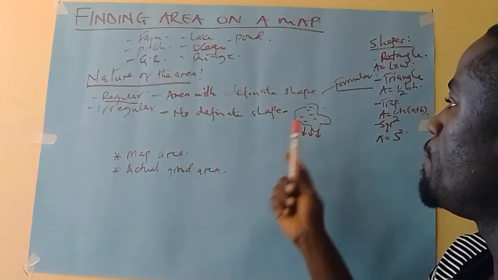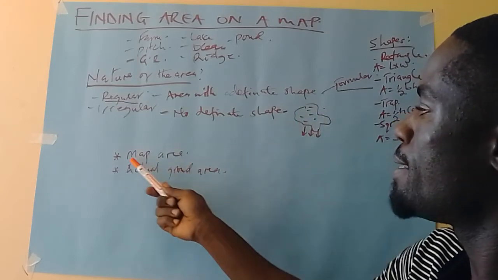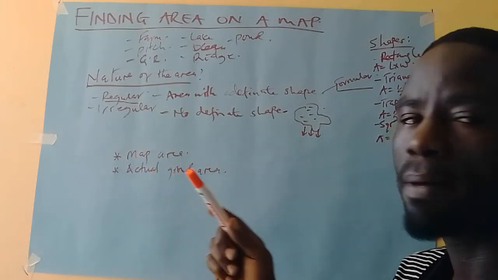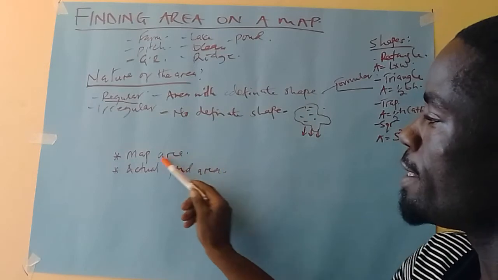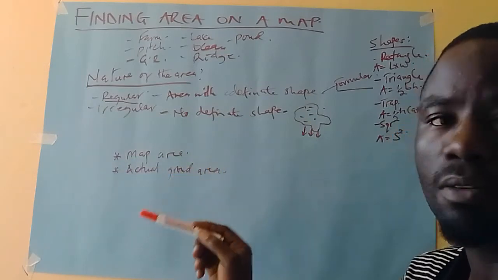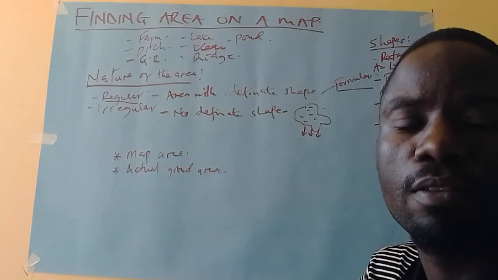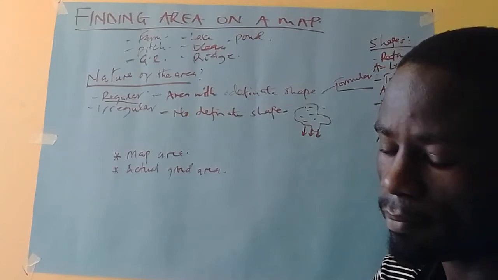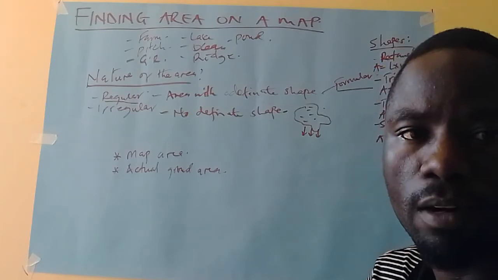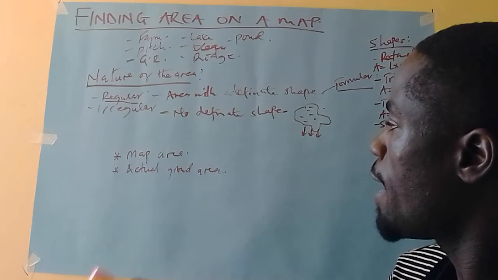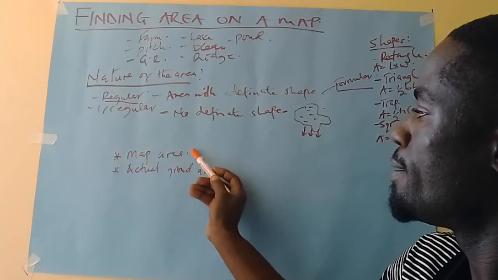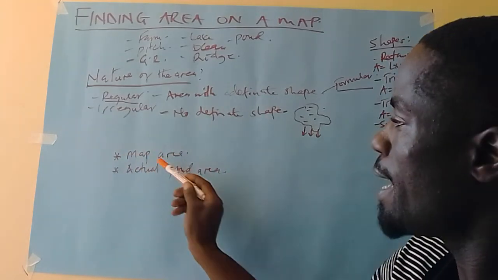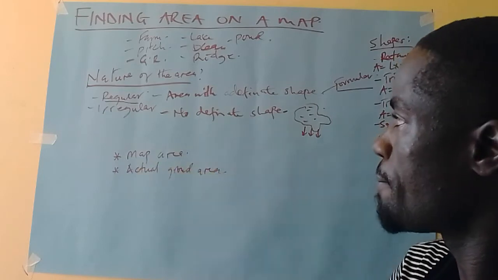The area of the feature which is shown on the map, that is map area. But the examiner is interested in finding the actual ground area, that is the area of this feature on the ground. So we are going to see how we get map area and how we get actual ground area.